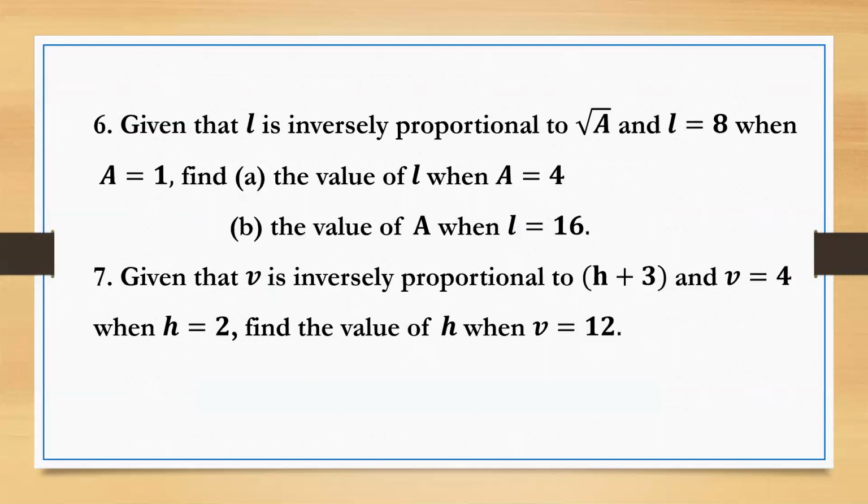Question 6, here you have L is inversely proportional to the square root of A. Question 7, given that V is inversely proportional to H plus 3 and V equal to 4 when H equal to 2, you need to find the value of H when V equal to 12.